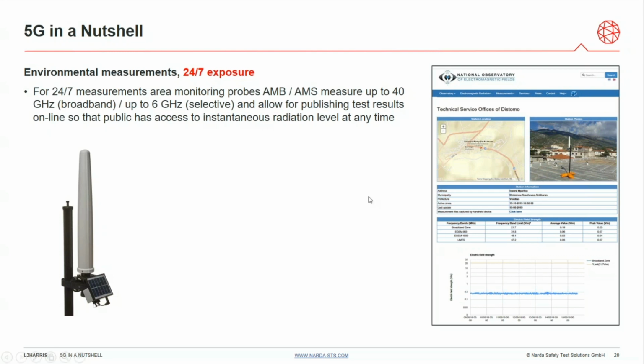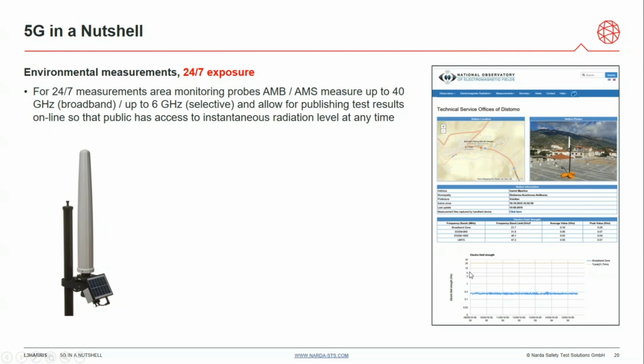In quite a lot of countries, these autonomous test stations have been deployed. As you see here, they are solar powered, and they typically come with a 3G modem. Other means of data transfer are also possible, such as RS-232 or Ethernet, and they upload the test results to a database.